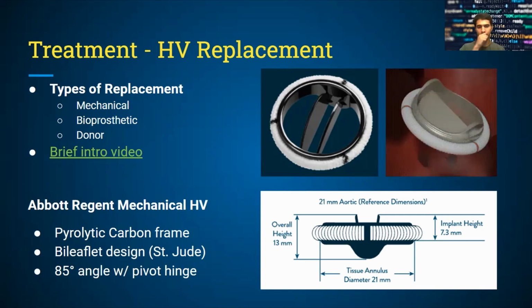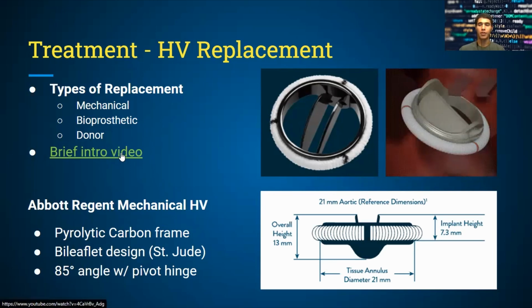Bioprosthetic heart valves, on the contrary, are tissue taken from either a porcine or a bovine organism, in this case a pig or a cow, and they're good as well in terms of biomechanical properties. The difference is that with a mechanical replacement, you usually have to take supplements in the form of warfarin or heparin to prevent clotting, or thrombolytics. And there are donor valves, taken from another donor.